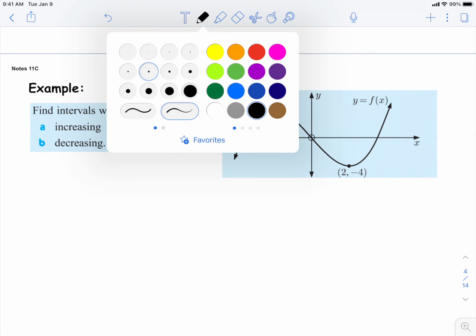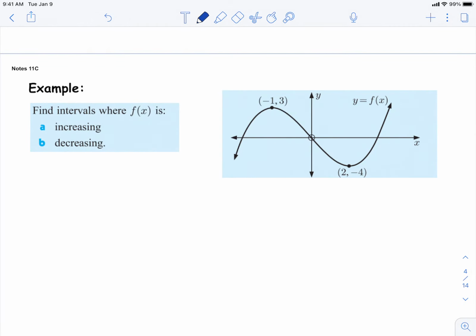Here's an example of a function, and we want to find the intervals for which it is increasing. So let's start with part A. This interval in the blue is increasing.